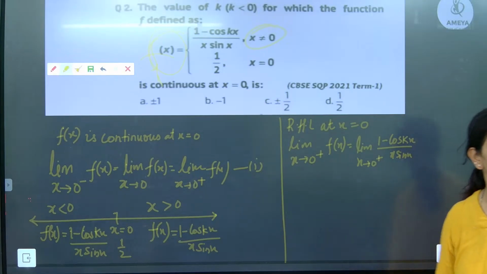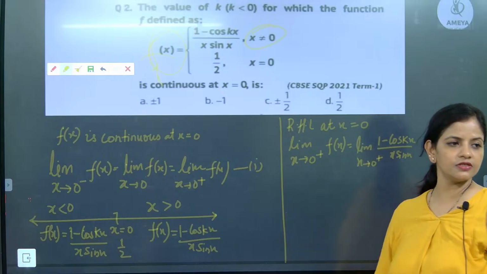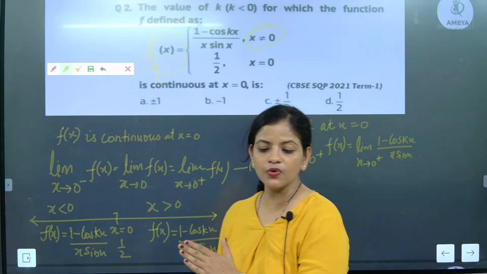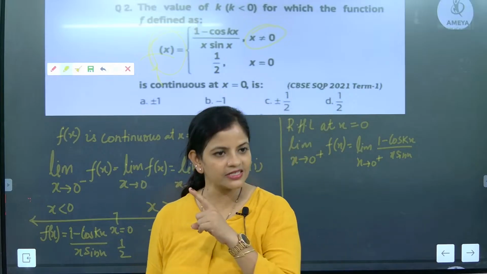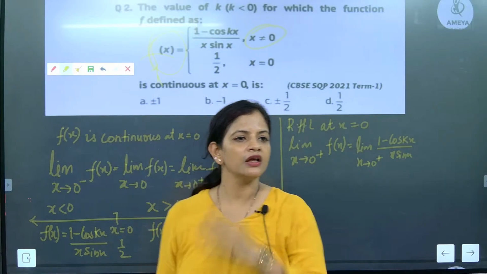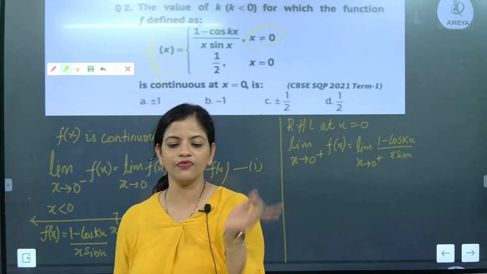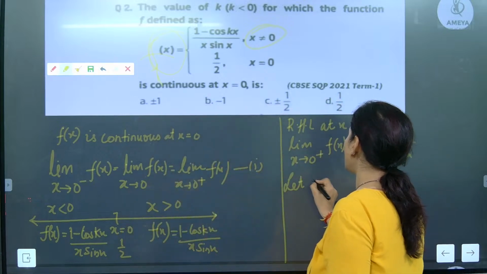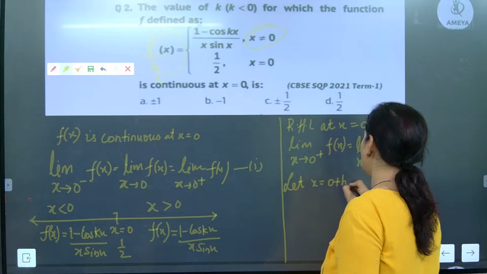Once we have written it like this, first I am going to eliminate the 0 plus, because we have to show a shift towards the right side. And we can show it when we substitute. So what we are going to write: let x is equal to 0 plus h.